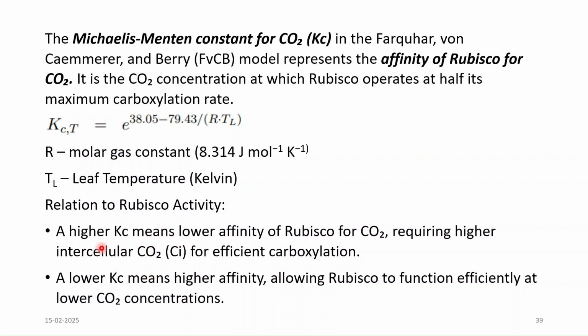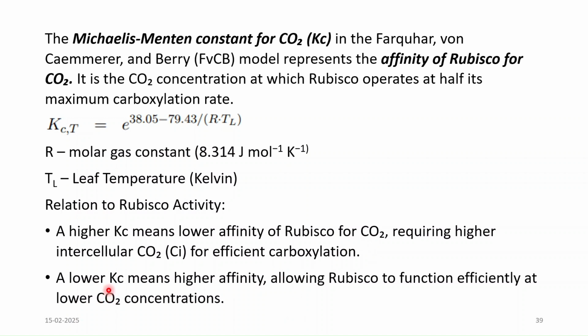Now, a higher Kc means lower affinity of Rubisco for carbon dioxide, requiring higher intercellular carbon dioxide for efficient carboxylation. So if the value of Kc is high, it means that Rubisco has a lower affinity for carbon dioxide.